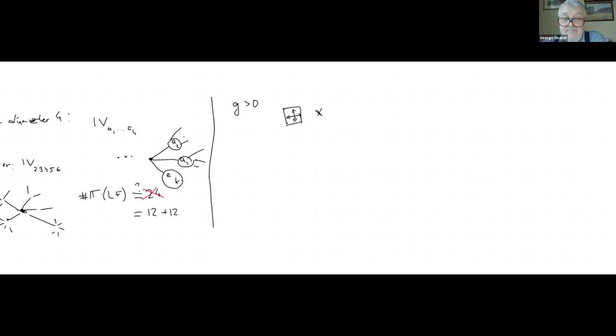Here, X is defined by an equation like this, and beta being x squared.